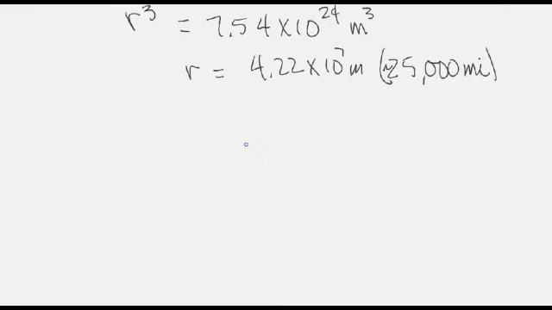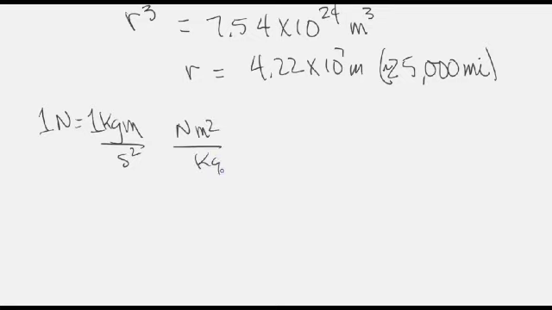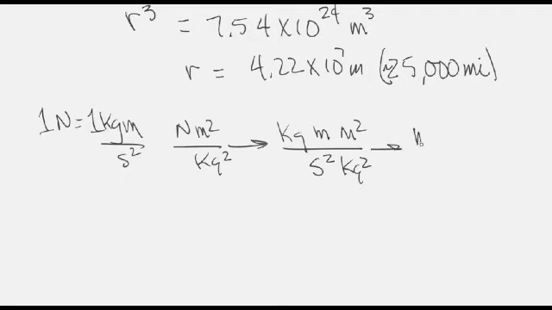Now, how do we work out the units? Remember that 1 Newton is 1 kilogram meter per second squared. So for G, for example, we have Newton meters squared per kilogram squared. Well, substitute in kilogram meters divided by seconds squared, times meters squared, over kilograms squared, which gives us meters cubed over kilograms seconds squared.